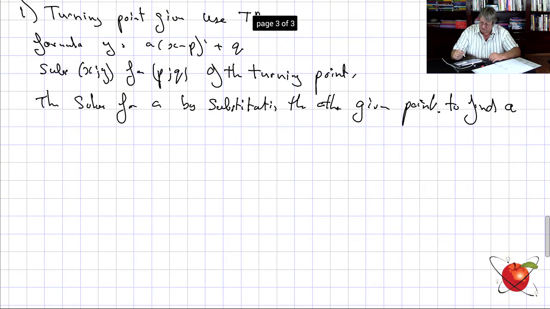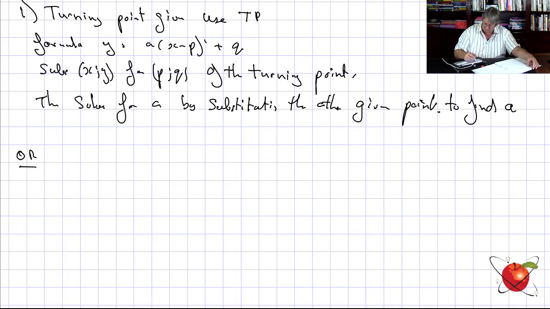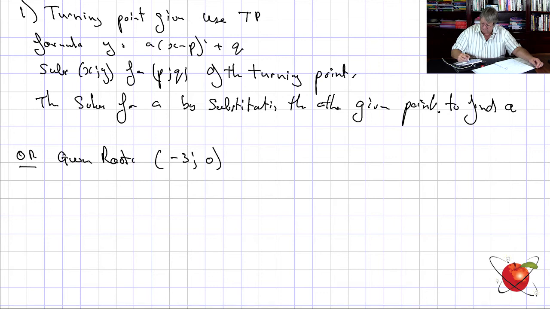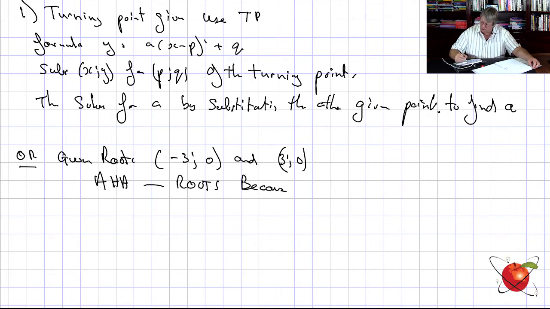Let's go through the recipe for the next ones, shall we? The next one is roots given. Let's say the roots given are -3 and 0, and 3 and 0. You notice, aha, roots. Because why? Y is 0, so it must be lying on this axis here, correct?